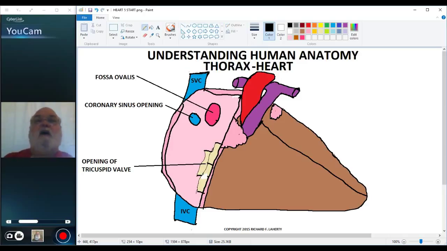Now we'll move on to look at the right ventricle. And I'm going to do the same thing I did with the right atrium. I'm going to draw a window through the wall into the right ventricle.